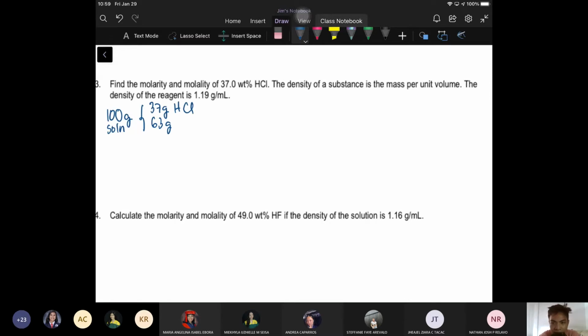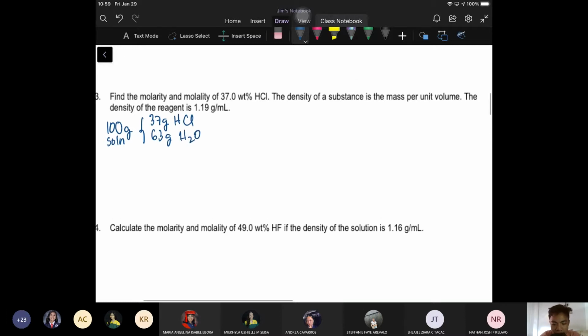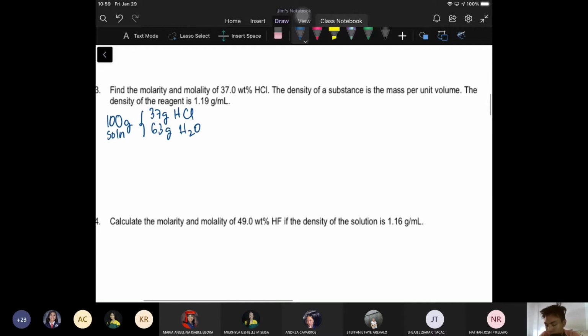Kasi sabi ko last time, in analytical chemistry, unless stated ang solvent, water yon. Okay? So, water yon most of the time, unless sabihin na iba yung solvent. So, our solvent here is basically water lang. Unless stated otherwise. Okay?